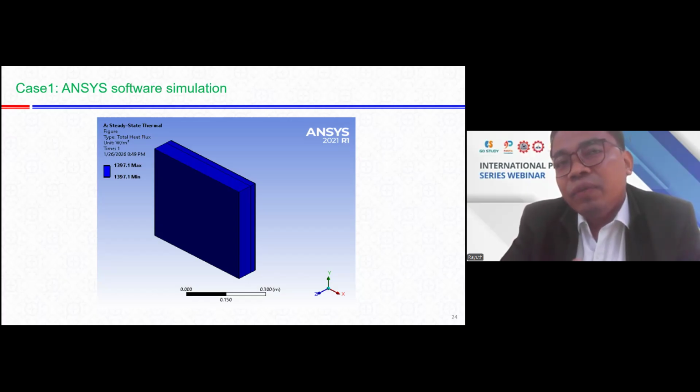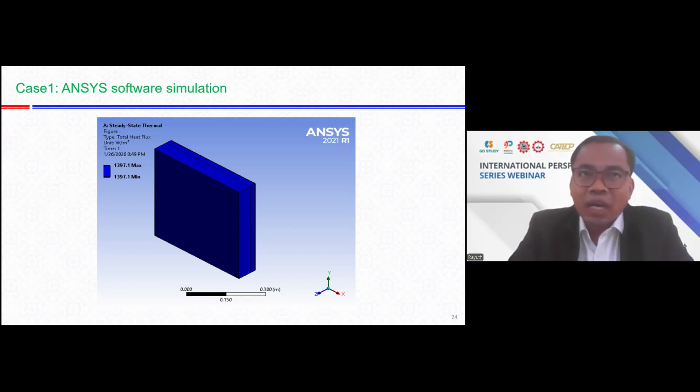Then if you want to use ANSYS, you have to check the file format to import it. ANSYS software supports other modeling software as well.